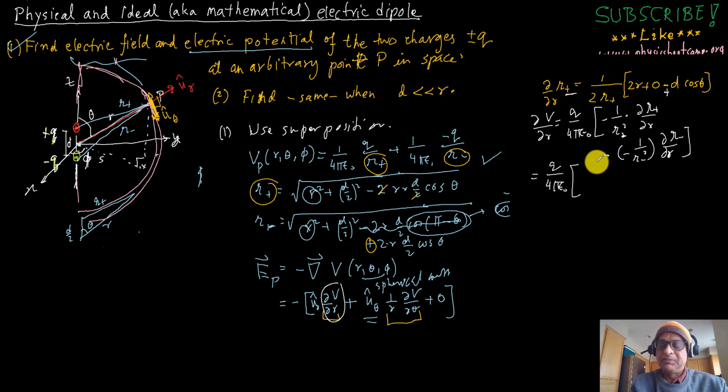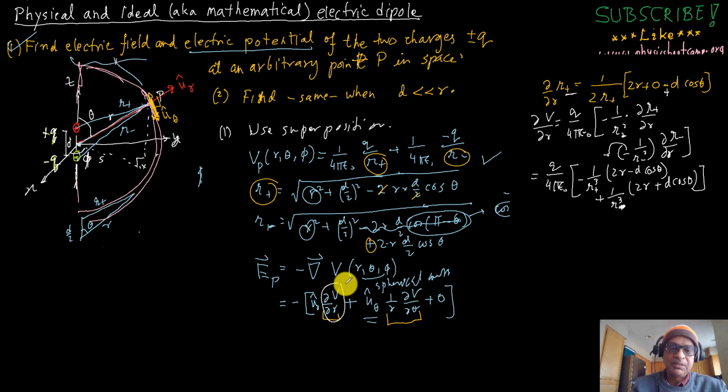This r plus with this r plus can become 1/r plus cube, and inside is 2r minus d cosine theta, and this is already plus, so we'll have a 1 over r plus cube, and 1 over r minus cube, with 2r plus d cosine theta. Now they don't combine because r plus and r minus are not equal to each other. So we got this term.